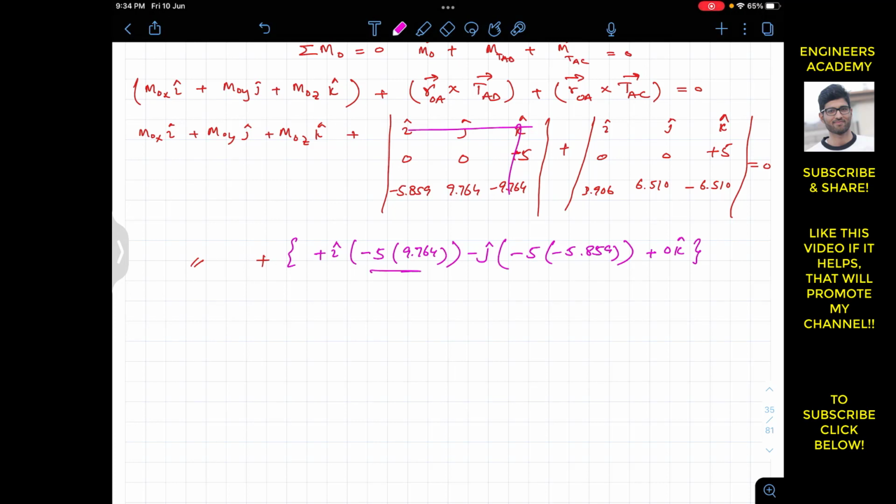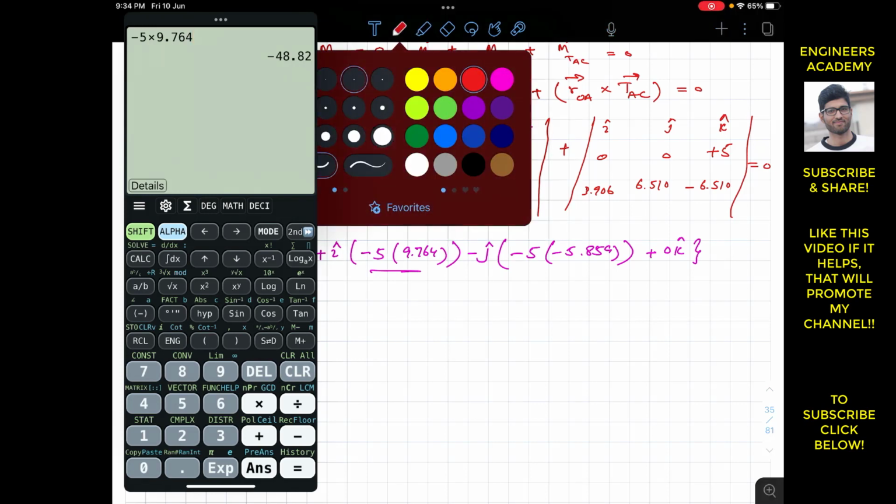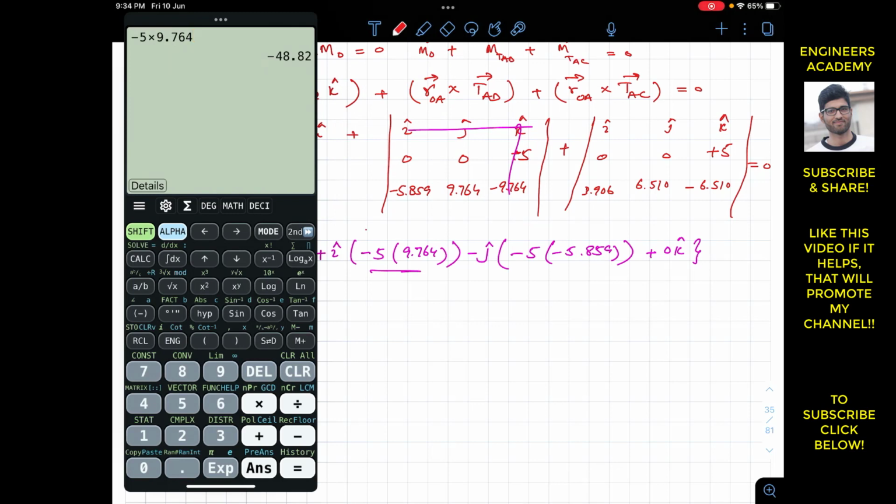Similarly we can find, now first let me find all these products. Like first let me find this. This is minus 5 into 9.764. So this is minus 48.82i. Similarly that is minus 5. This minus into minus is plus, and plus into minus is minus.